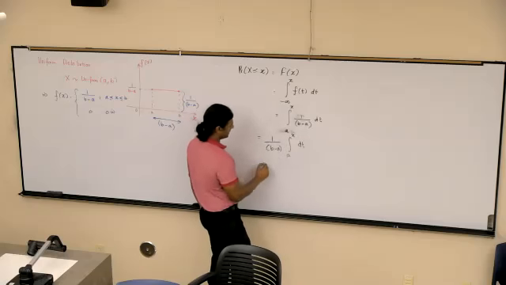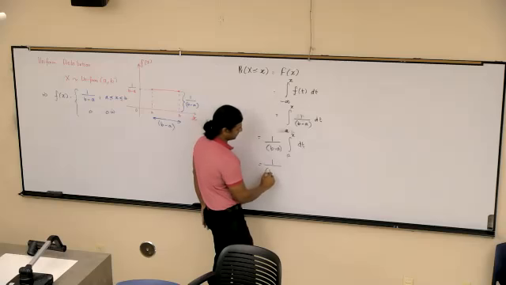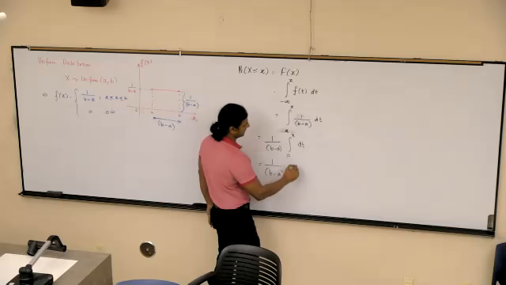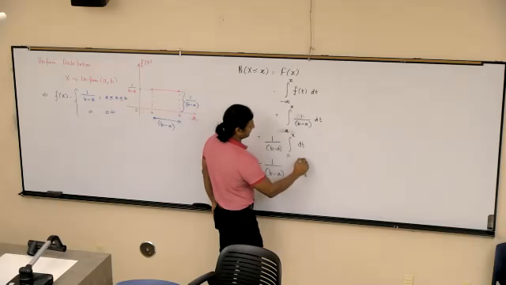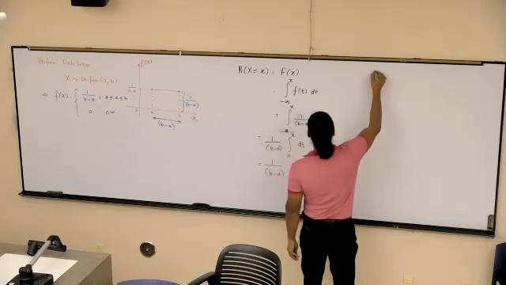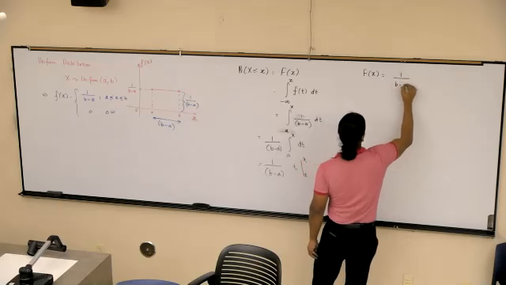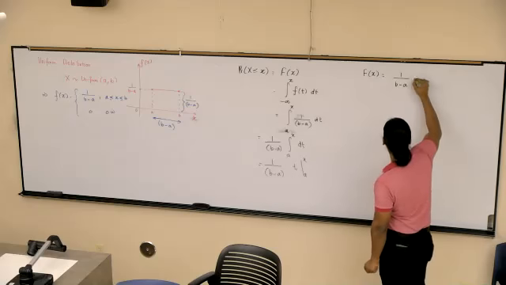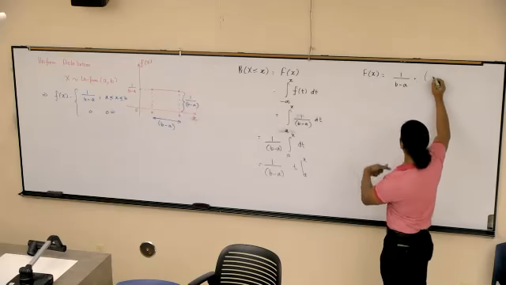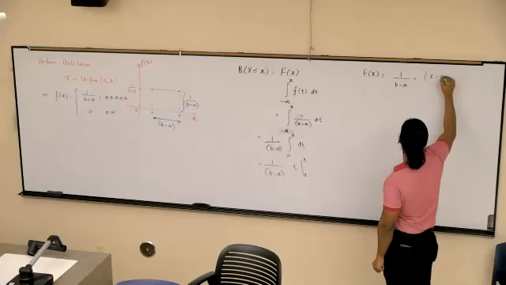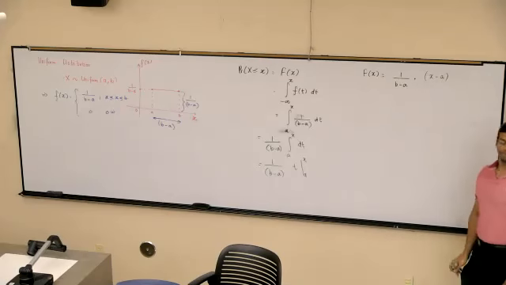What is the integral of dt? T. So F of x would simply be equal to 1 over b minus a times upper limit minus lower limit, x minus a.